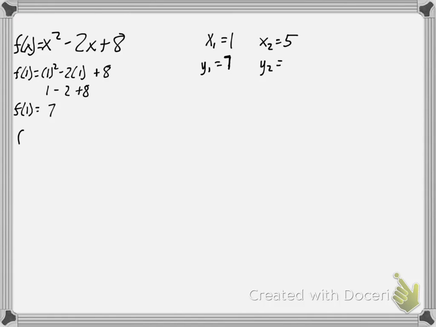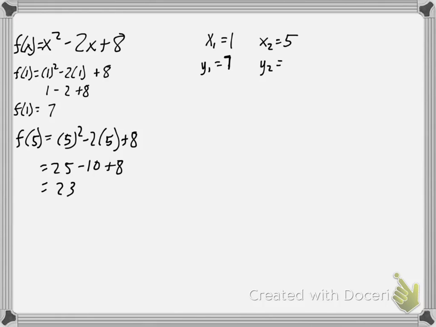And then for the next one, just doing f of 5 would give me 5 squared minus 2 times 5 plus 8, which is 25 minus 10 plus 8, which would leave me with 15 and 8 is 23. And so f of 5 is equal to 23, and so y2 is 23.